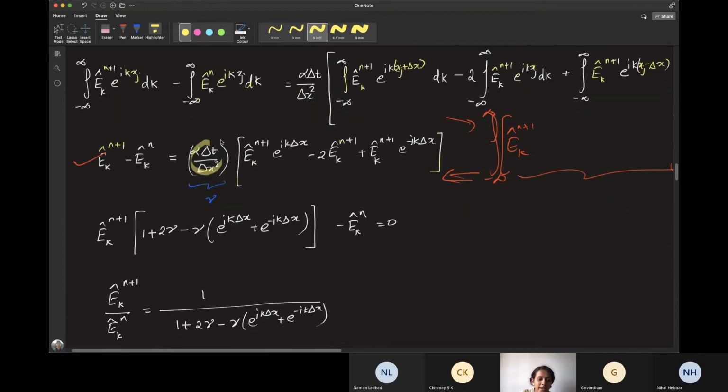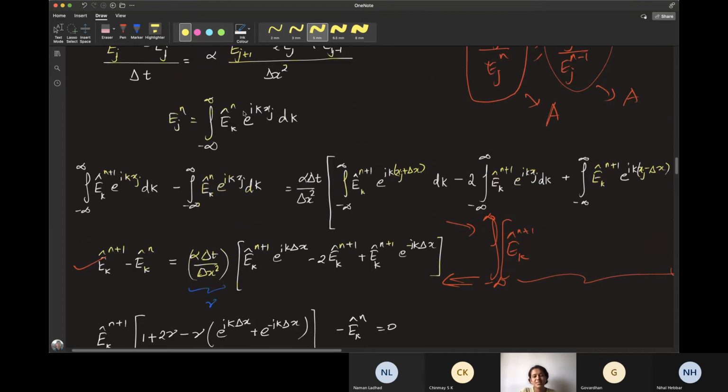Alpha delta t by delta x squared is again being replaced by mu, just for convenience. Now if you look at it, you have many terms at the n plus 1th time step and just one term at the nth time step.